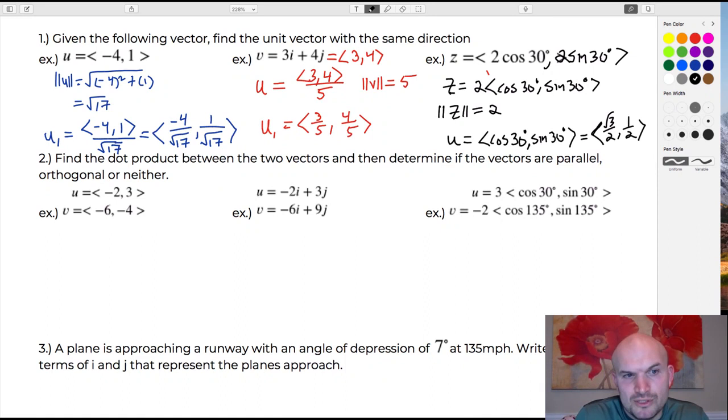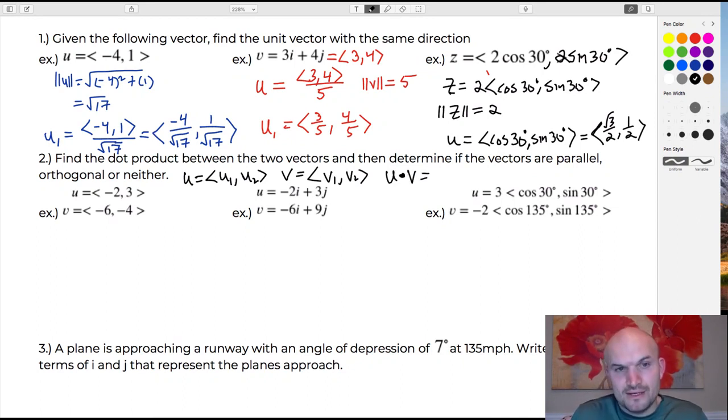So let's just double check here. If I had a vector u, which would be (u1, u2), and a vector v, which is, let's say, (v1, v2), then the dot product is not multiplying them as vectors, but it's going to give us a scalar: u1 v1 plus u2 v2.